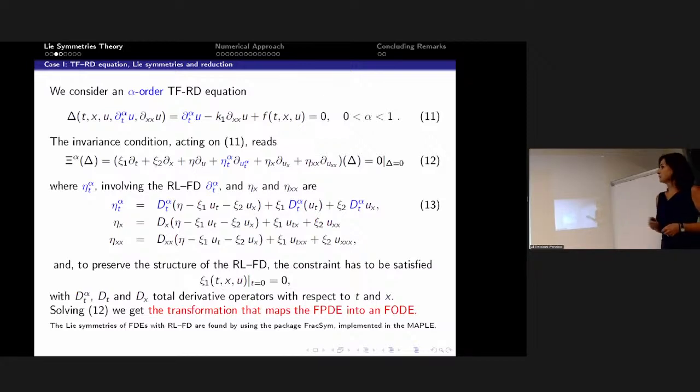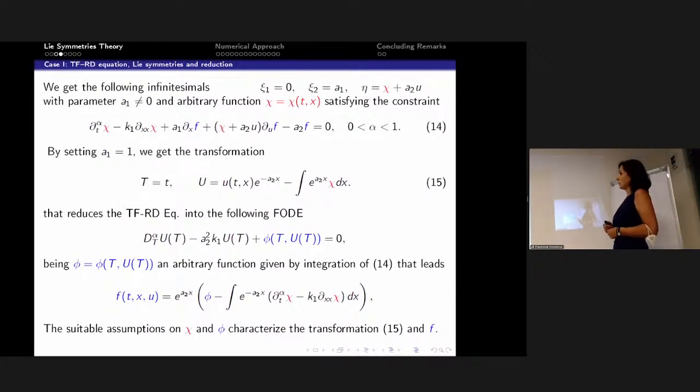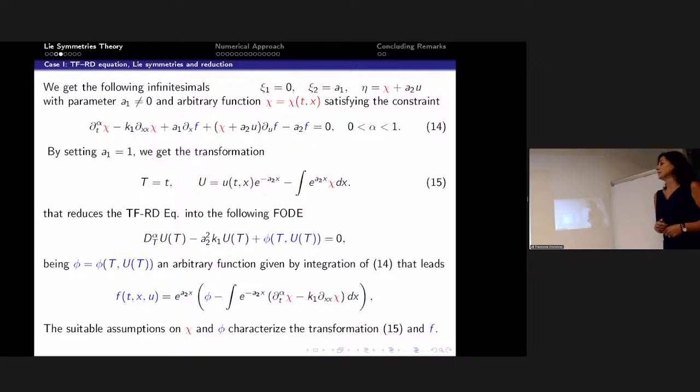In fact, we obtain the infinitesimals C1, C2, and beta reported at the top of the slide. Note that A1 is a parameter. We have the presence of the arbitrary function k. A1 and k have to satisfy the constraint number 14. As usual, we set A1 equal to 1.